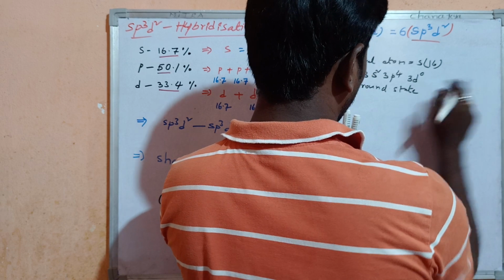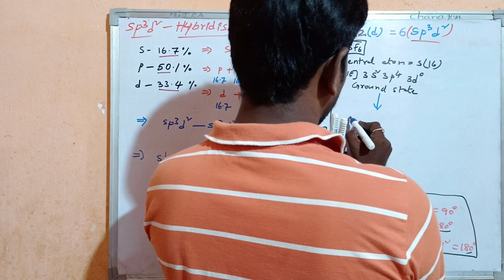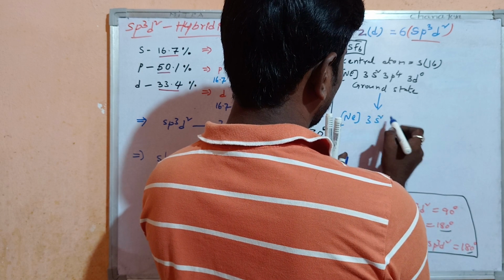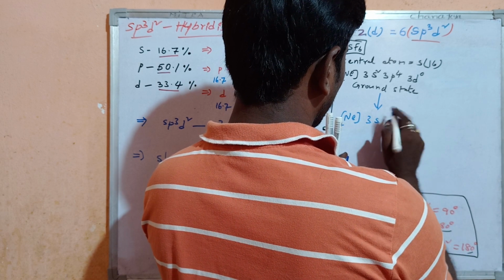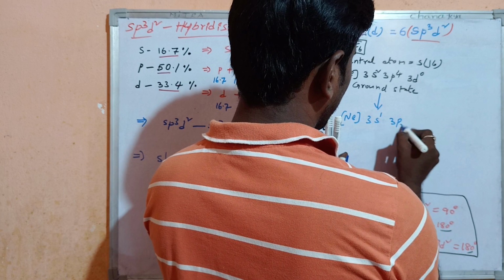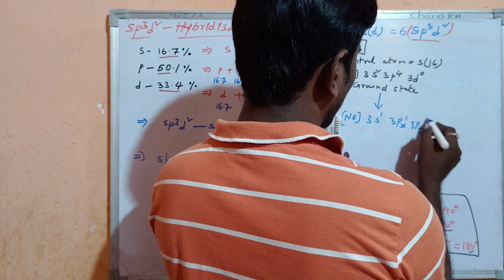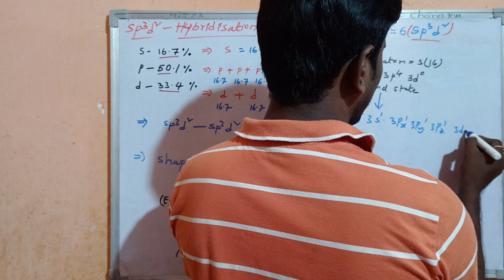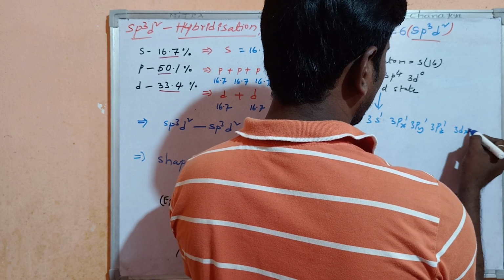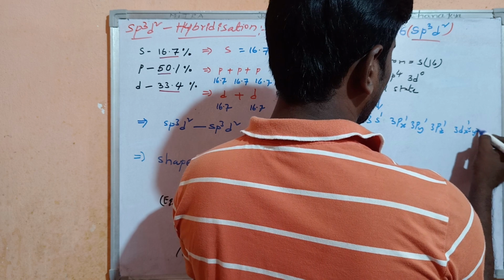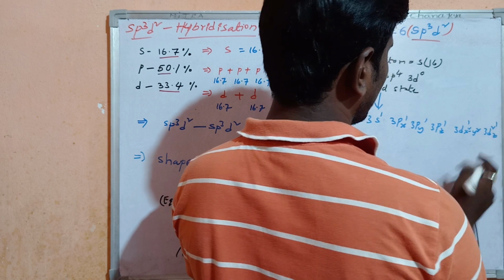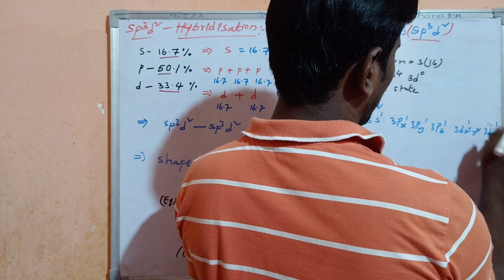Now we have to take the excited state: neon 3s2, 3s1, 3px1, 3py1, 3pz1, 3d x square minus y square 1, 3d z square 1.